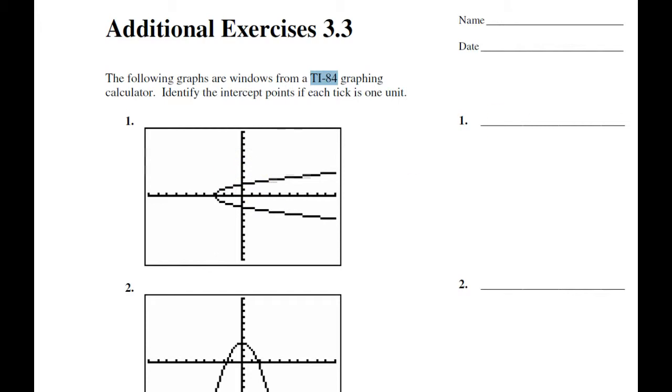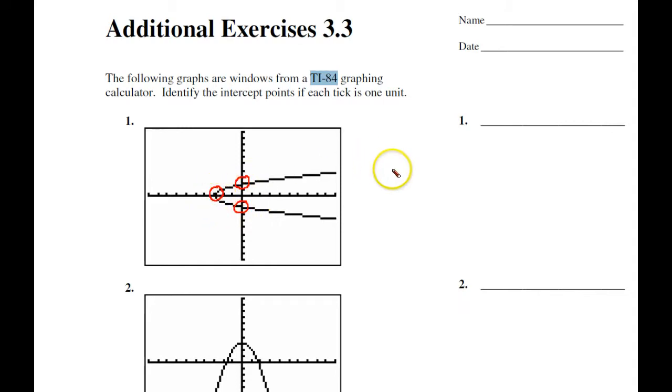For instance, right here, there is a y-intercept, and right here, there's another. And then here, there's an x-intercept. So they're asking us to list these points.